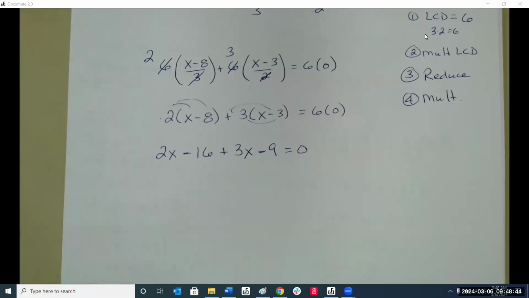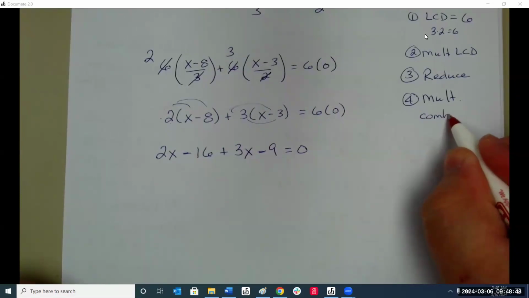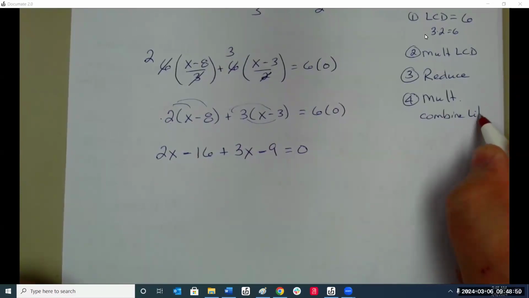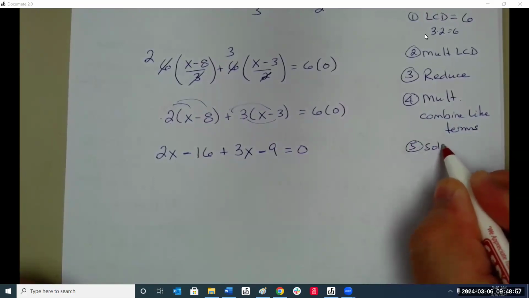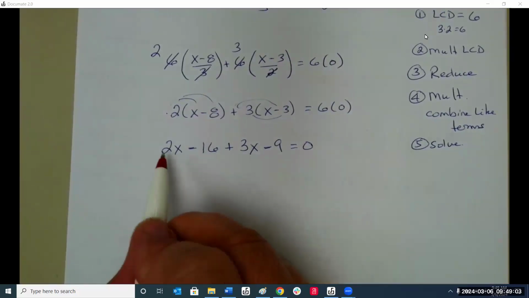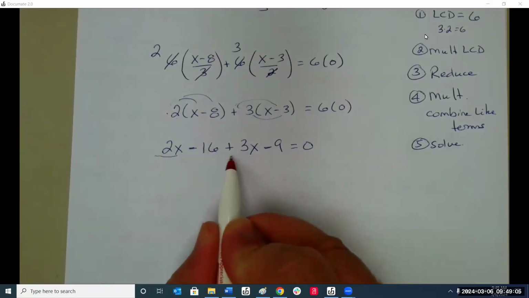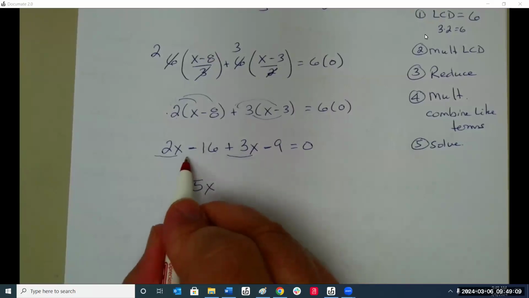Whenever you get rid of parentheses, what do you always do? Combine like terms, right? And then solve. Very good. So we have 2x plus 3x gives us 5x.